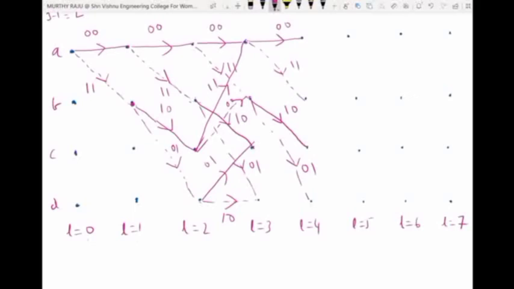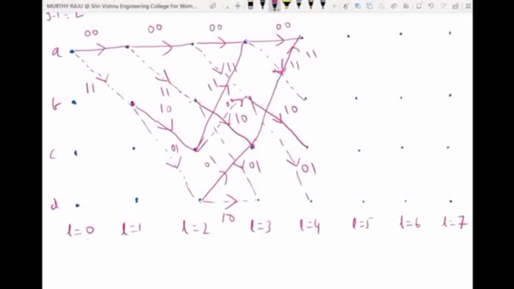Next consider C to A, the output is 1 1.